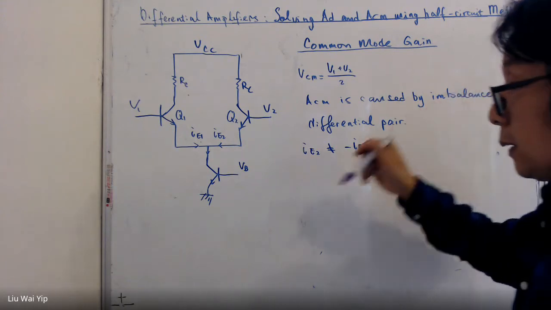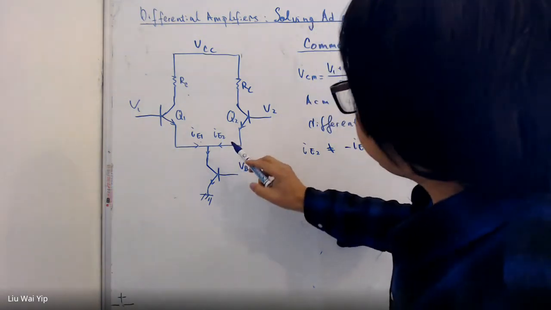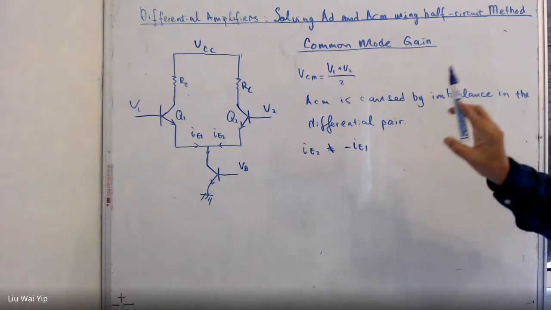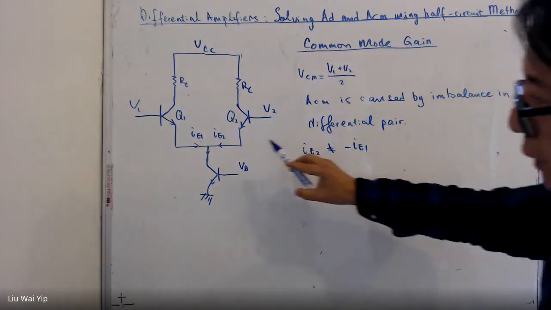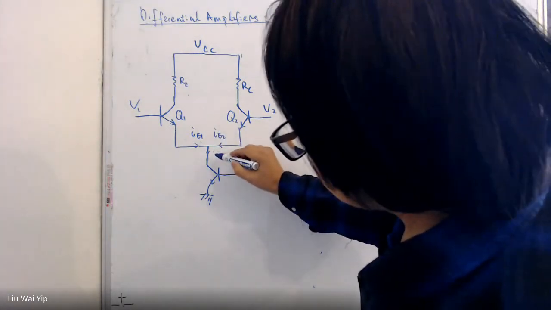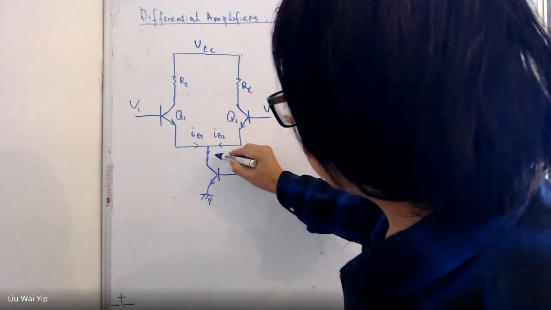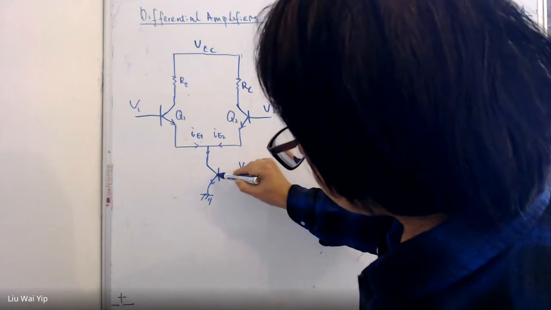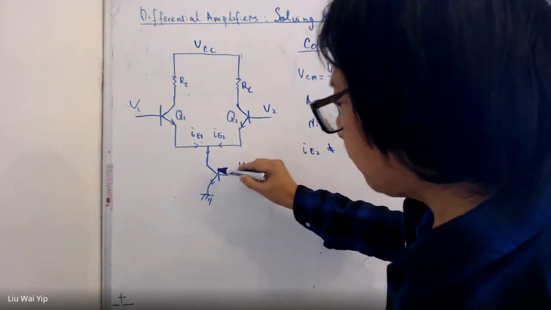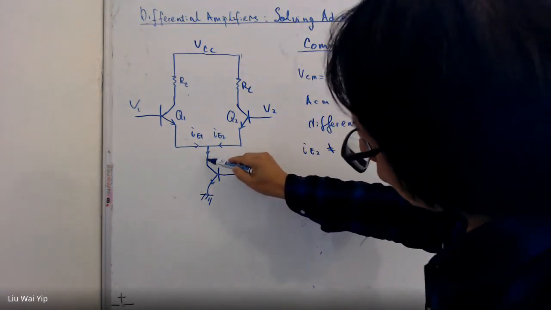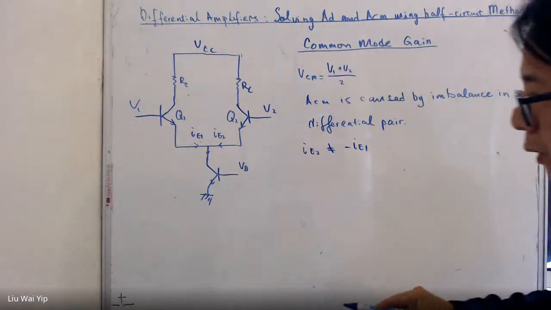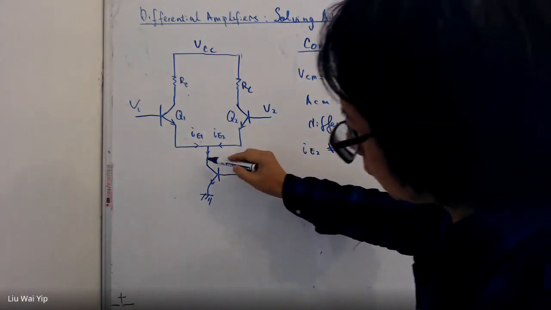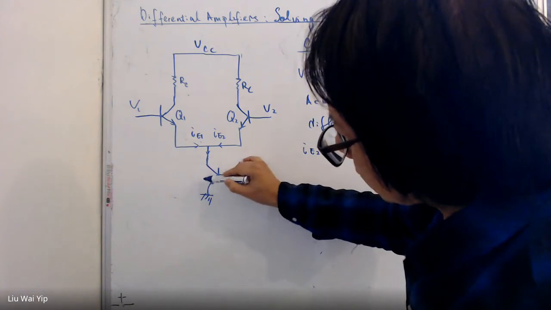Because of the leakage current here, some of the current can go through here, and the pathway that enables this current to go through is the so-called early effect.